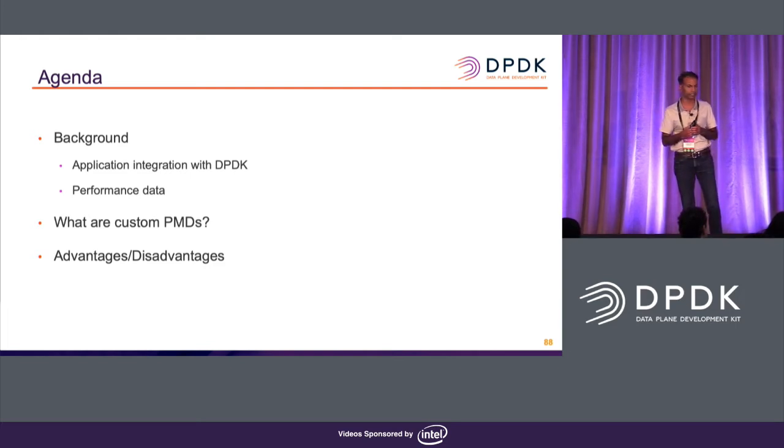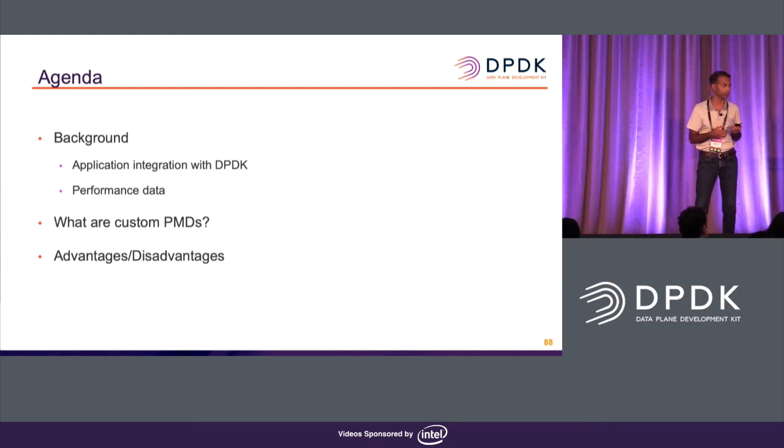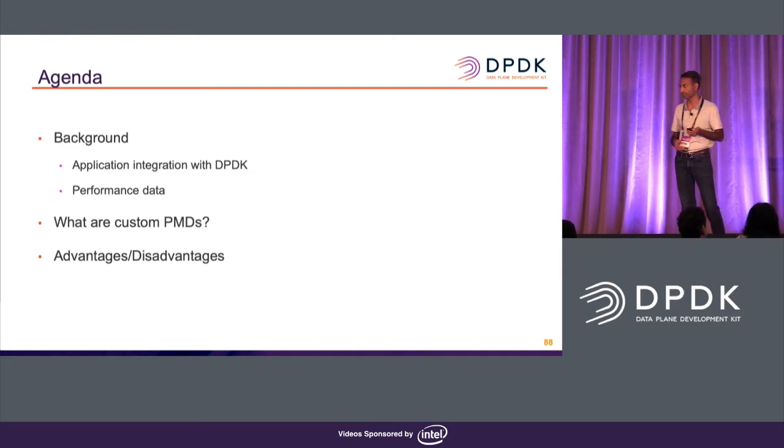Then I'll introduce a little bit about what custom PMDs or custom metadata in the PMDs are. Some efforts have been done in the form of dynamic MBUF from Thomas. We'll see how this one differs from that. I'll also talk a little bit about some of the advantages and disadvantages.